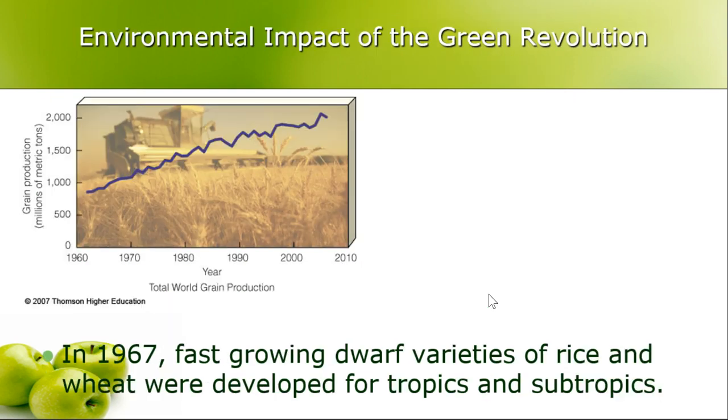And so you start to see this shift from the traditional polyculture, subsistence agriculture, to this big kind of industrial monoculture. And there are huge environmental impacts of the Green Revolution, but part of the positive impact is that you have lots and lots more grain production.